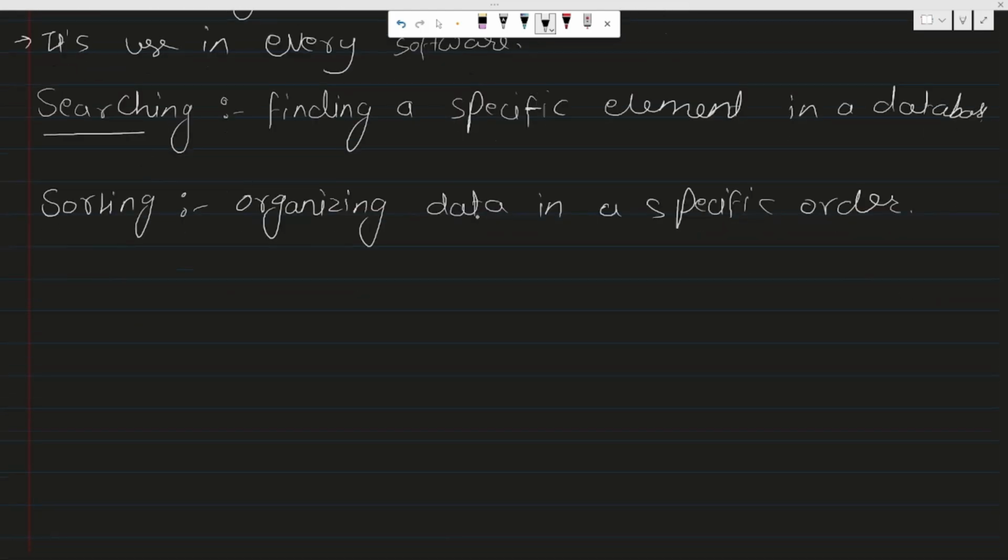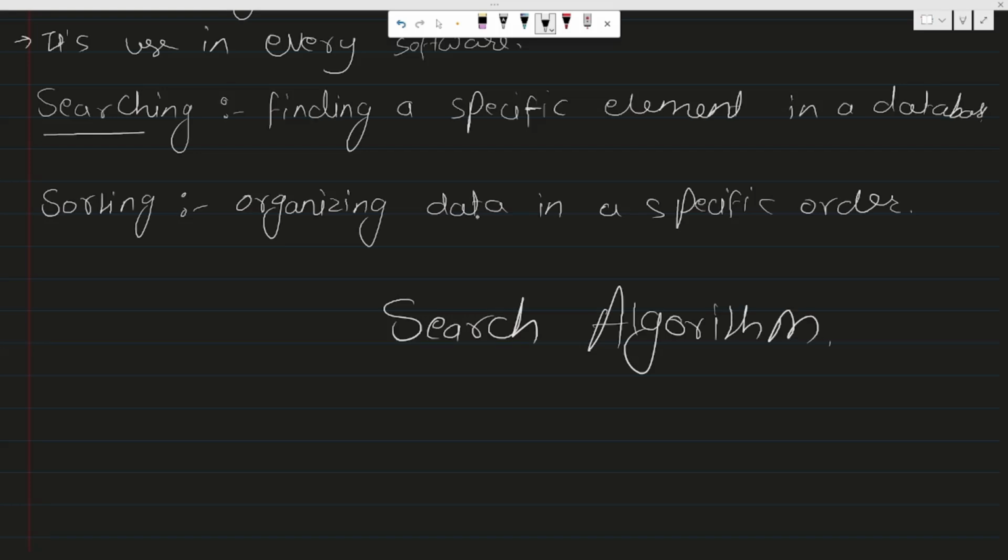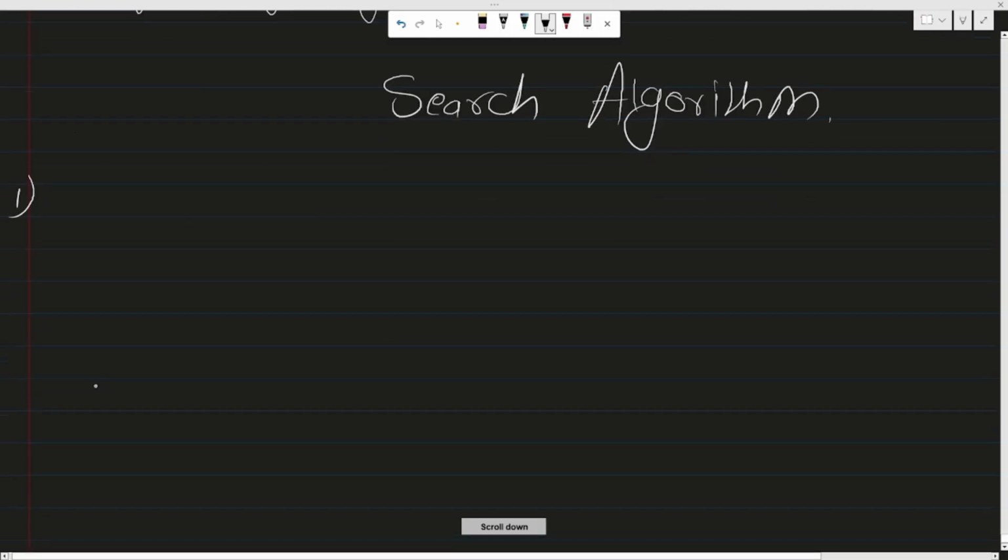Let's start with the simplest search algorithm. We are now moving towards search algorithms. The first one is linear search.